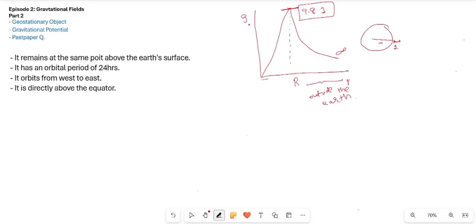How did we derive this relationship between g and r? How did we come up with this graph and all? Let me explain it to you. Earlier, we talked about gravitational force, that was GMm over r squared. And then we also had F equals mg, so g equals F over m, right?